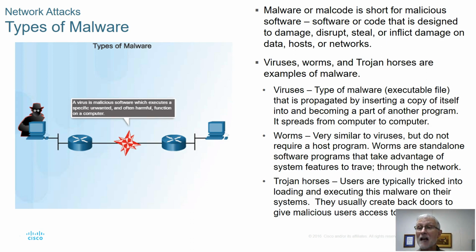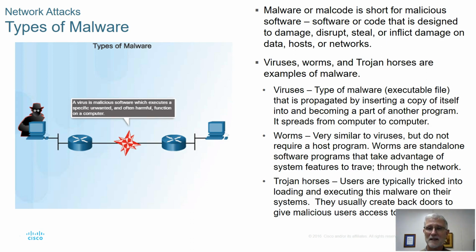Viruses are a type of malware that is an executable file, but it's propagated by inserting a copy of itself into or becoming part of another program, and it spreads from computer to computer. Worms are similar, but don't require a host program.